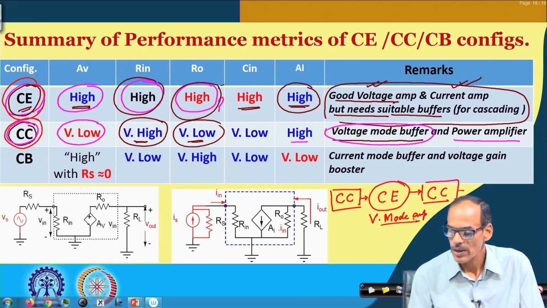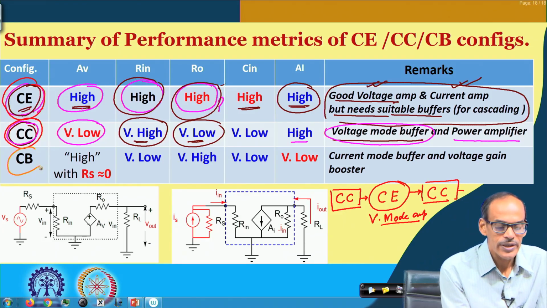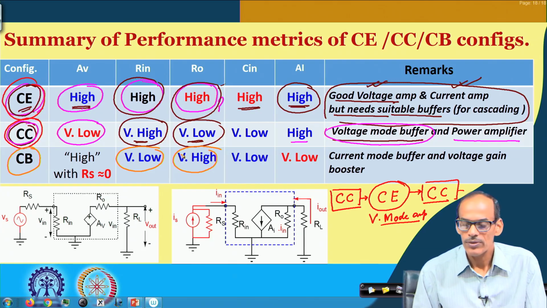Right. And on the other hand, if you see the third configuration, so let me use a different color. Yeah. So, if you consider the CB stage, and if you see its R in and R out, they are in favor of current mode amplifier.